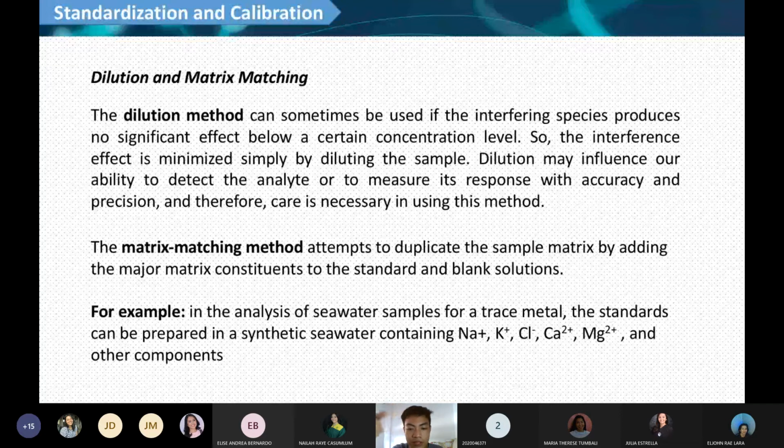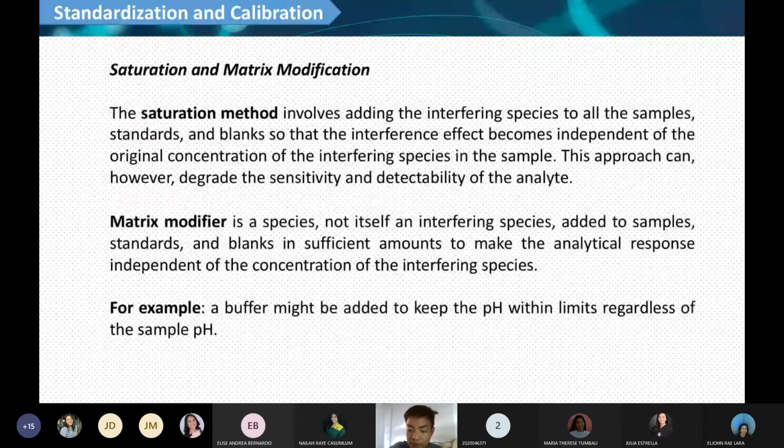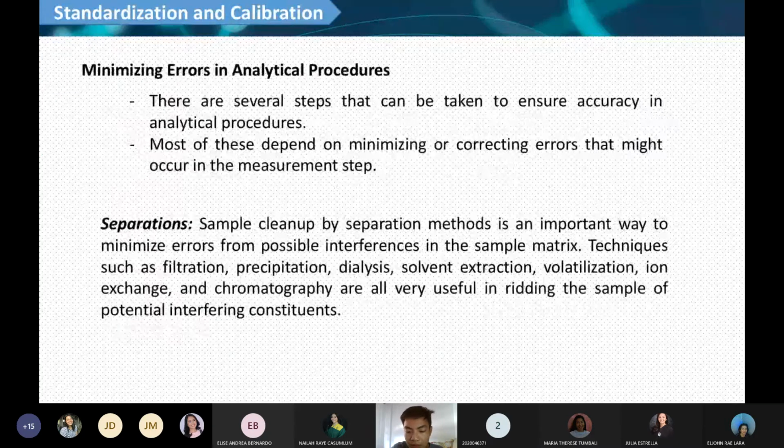Tas kunwari kasama doon sa reading yung interferences, ang gagawin mo, you will duplicate the interferences concentration with another sample and then isusubtract mo yung readings nila so that ang matitira ay yung sa desired substance mo.